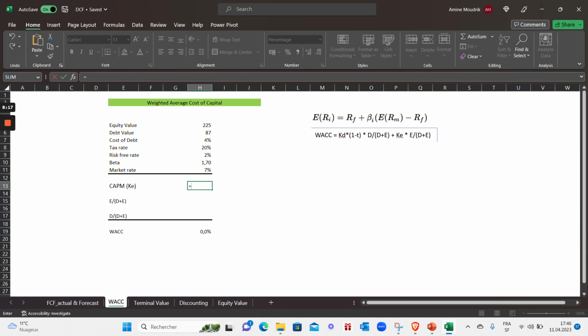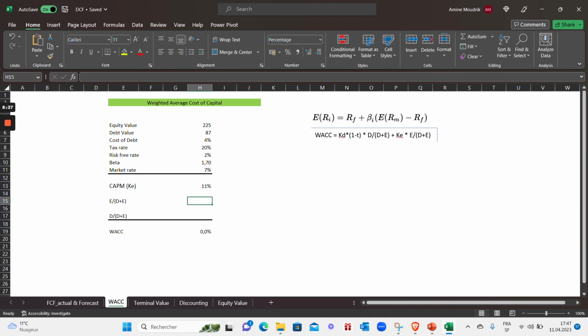Here we have the risk-free rate, to which we add our beta times the market rate minus the risk-free rate.